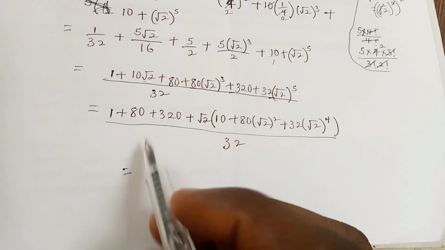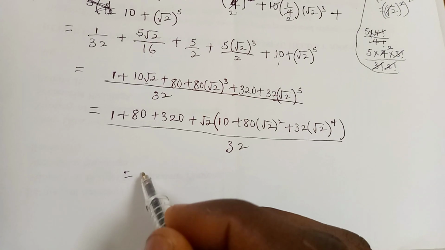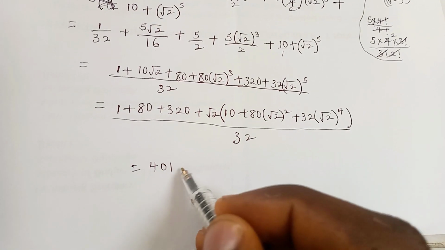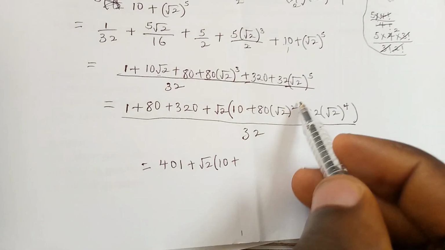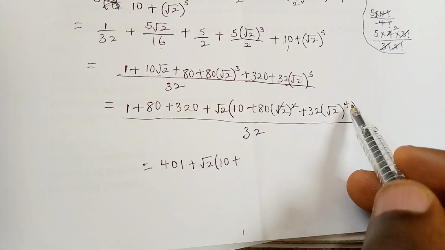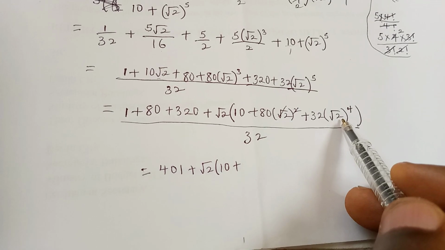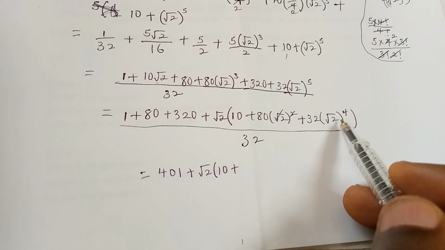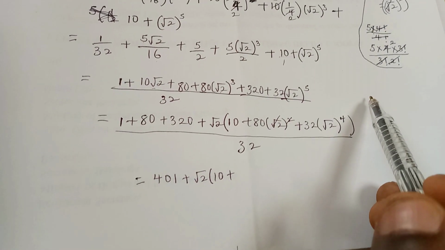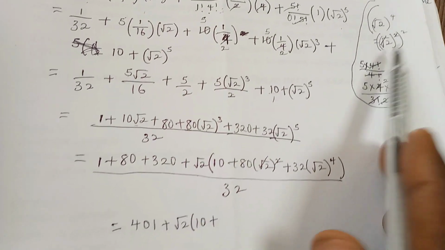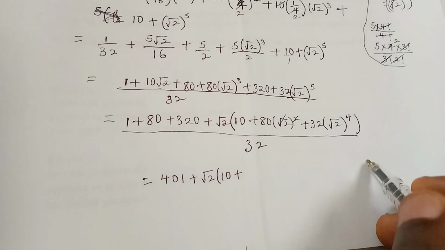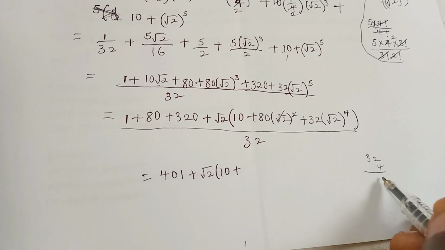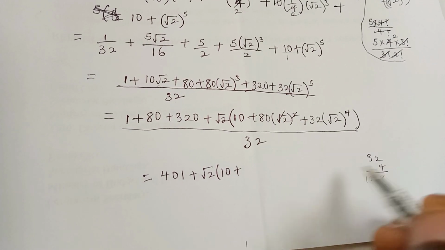It's equal to 1 plus 80, 81 plus 320, 401, plus the root of 2 into 10 plus, this square is going to cancel this. And we discovered before that when you have square root of 2 to the power of 4, the same thing as 2 square. We said that when we did it here. 2 square is 4. So 4 times 32 is 128.